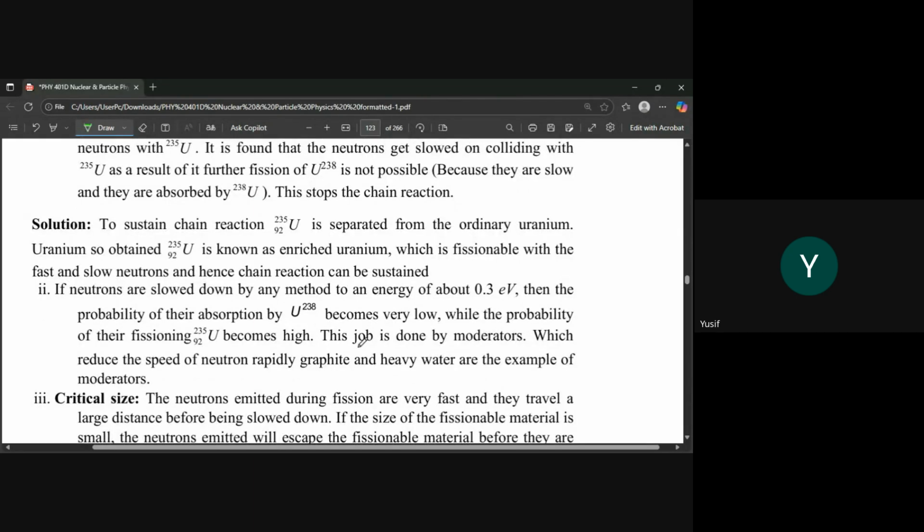And what is the other issue that we also get? If neutrons are slowed down by any method to an energy of about 0.3 electron volts, then the probability of their absorption by uranium-238 becomes very low, while the probability of fission of uranium-235 becomes very high.